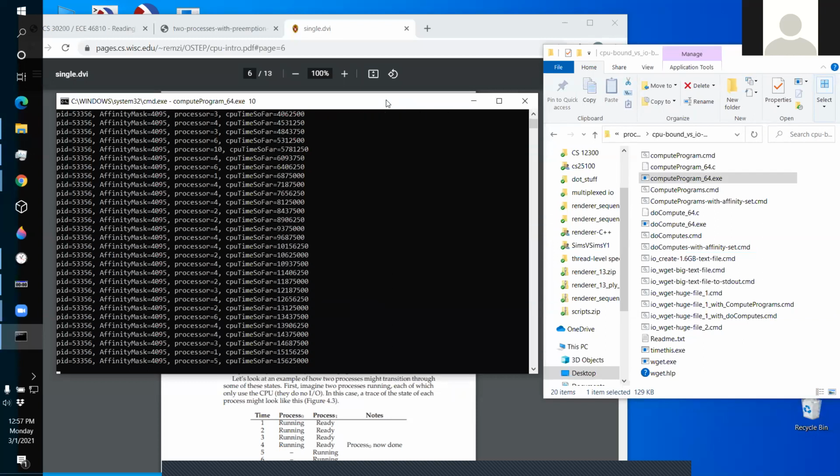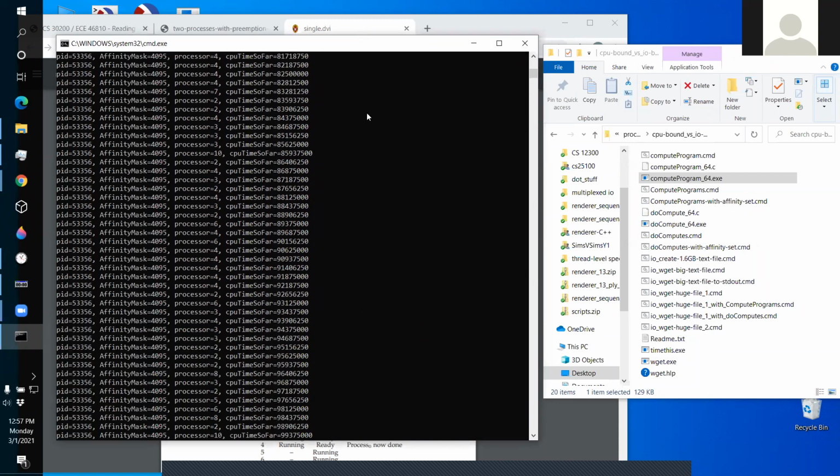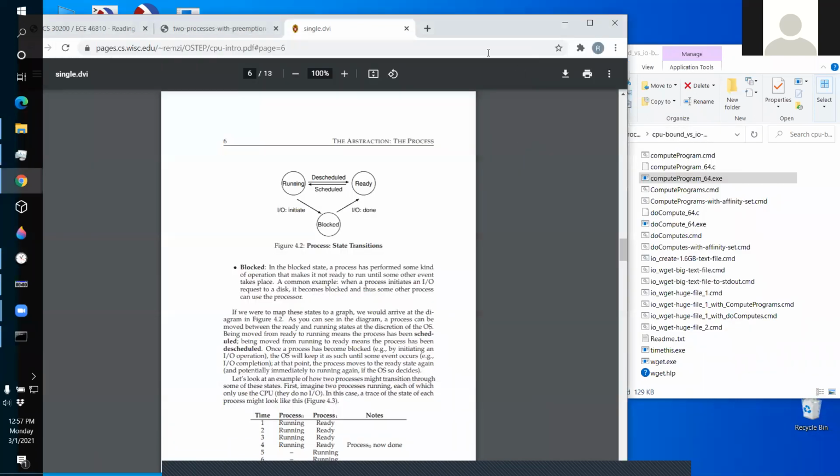Then it runs for 10 seconds, and it tells you what its process ID number is, what the affinity mask is, that's what CPUs it's allowed to use, and which CPU it's currently running on. You can see that as it was running, it kept getting moved from CPU to CPU. Now, right away, that's something we can relate to this picture.